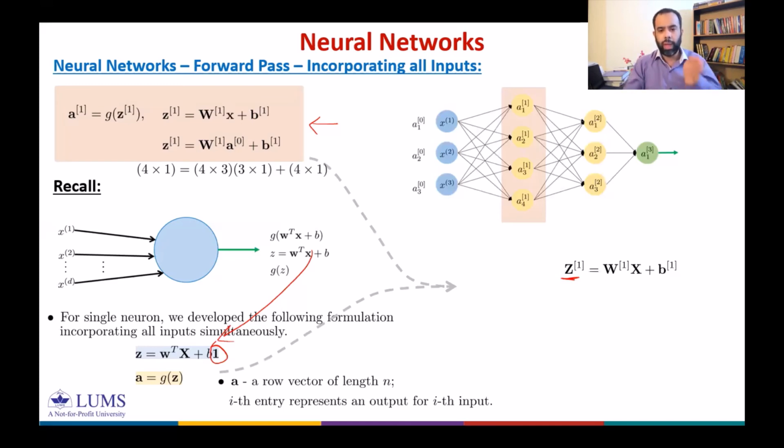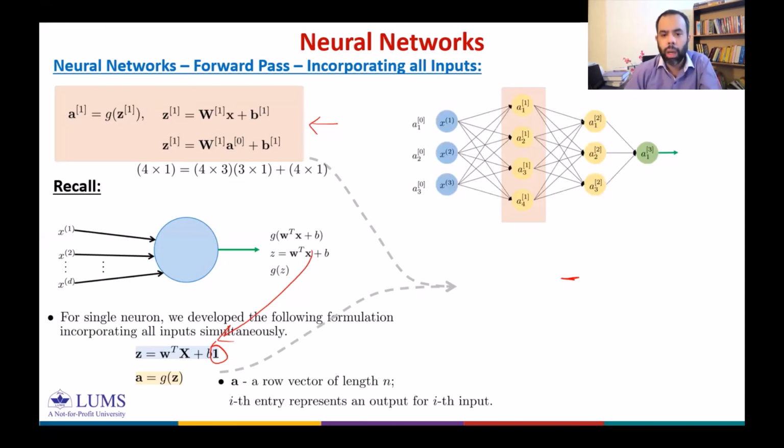So the first column of Z represents the output for all the nodes for the first input, the second column the output of all the nodes for the second input, and so on. Obviously, B is also a matrix here. Although to be consistent with the notation I have used a small letter to denote B, B is a matrix.